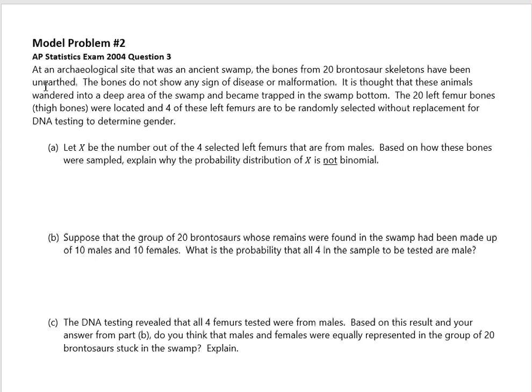Okay. So the first question it asks us, let X be the number out of 4 selected left femurs that are from males. Based on how these bones are sampled, explain why the probability is not binomial. Now, if you only have 20 bones, then that's not a large enough sample size for taking out 4 bones without replacement for there to still be independence.